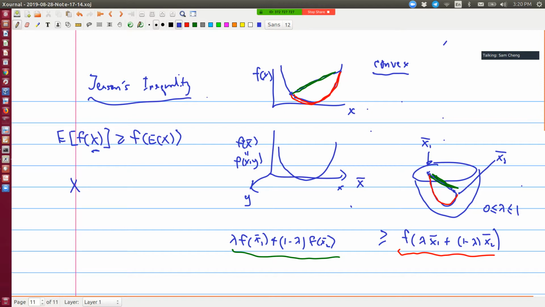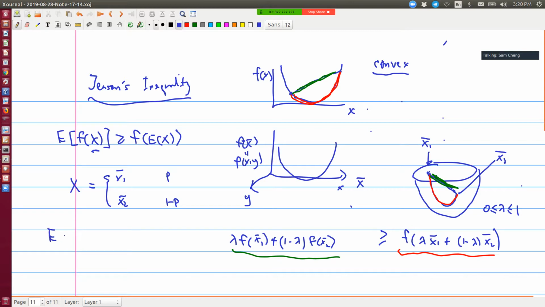Maybe I give a simple example: let's say x is a random variable that just takes two values, x1 and x2, where x1 has probability p and x2 has probability 1 minus p. Then if you look at this case, what is the expectation of f(x)?